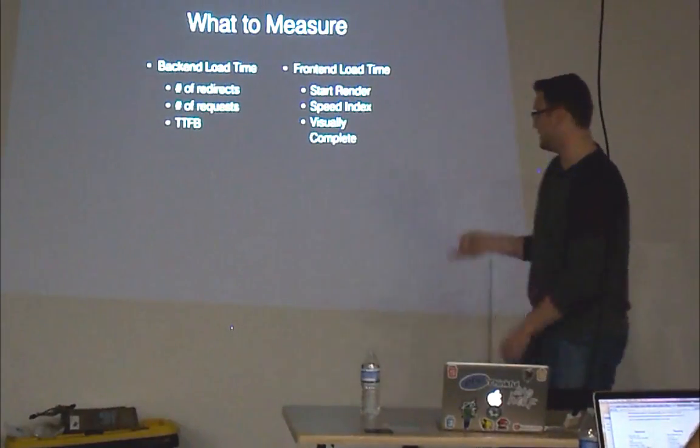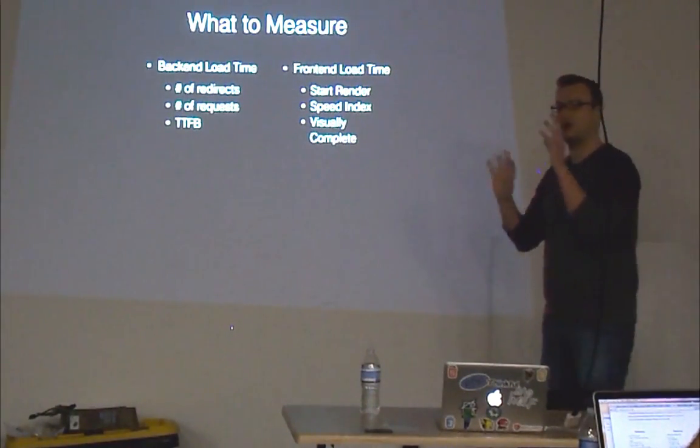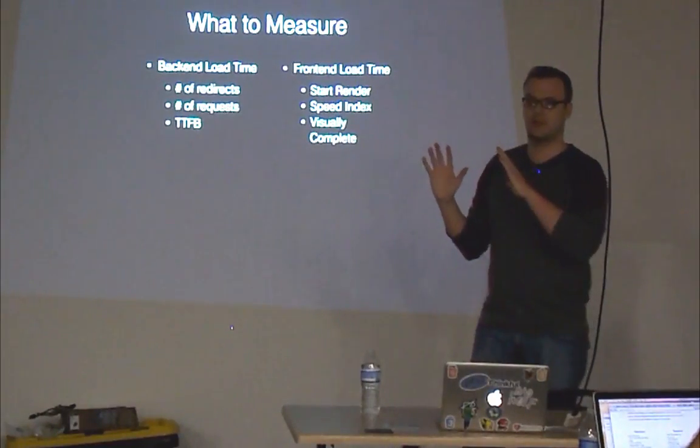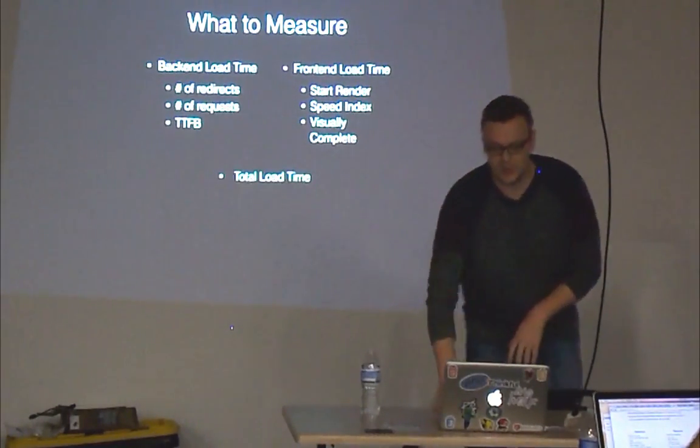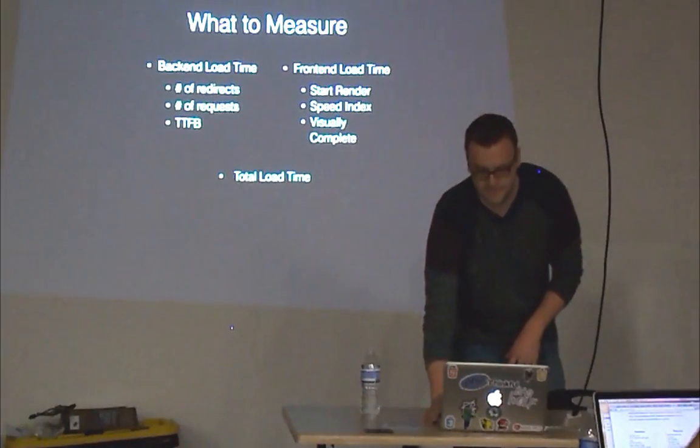So visually complete is also what we want to look at. We want to see how long it takes all those visual elements of our page to load fully. Also we want to do total load time as well, because that's still important today.